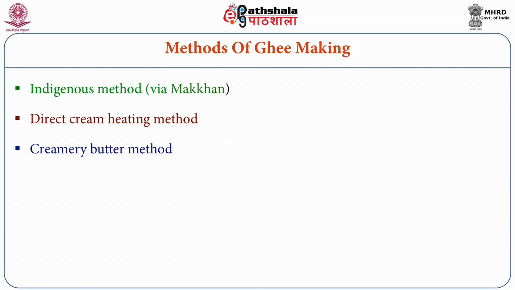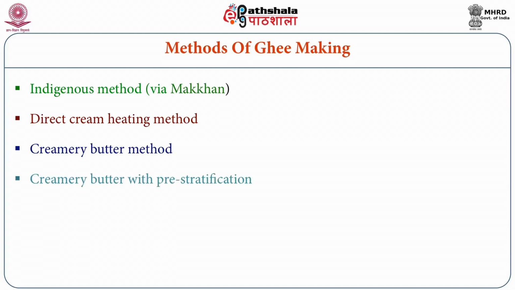And finally you get a ghee, and of course you will be getting ghee residue, which we will have to clarify off separately from the ghee. So this method is widely adopted, and the fat recovery obtained by this method is quite good compared to the one made by the direct cream method. So it is a better method and widely adopted.